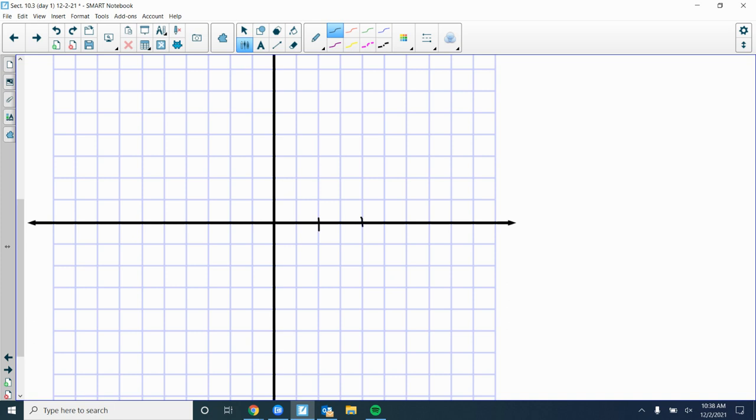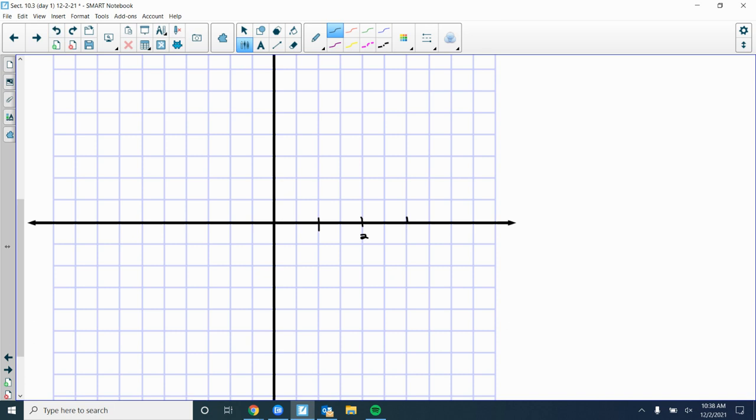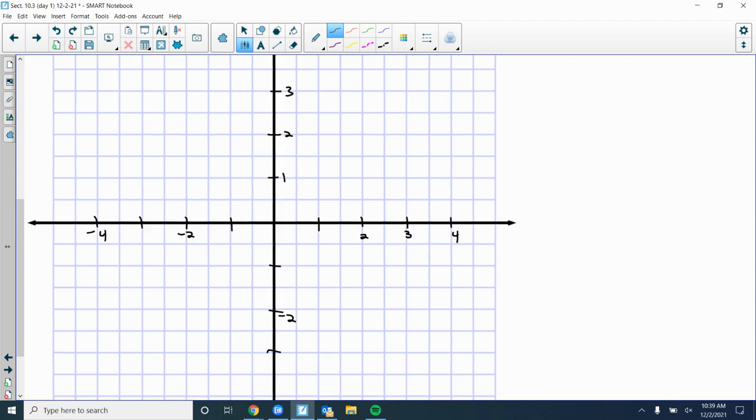Make this 1, 2, 3, 4, and the same thing here, 1, 2, 3, 4, and then -1, -2, -3, -4. Just spread it out a little bit.